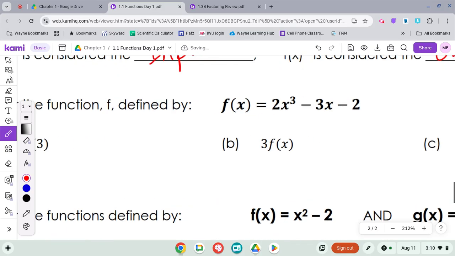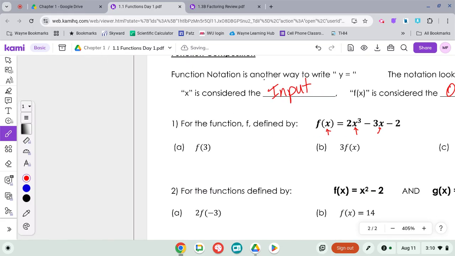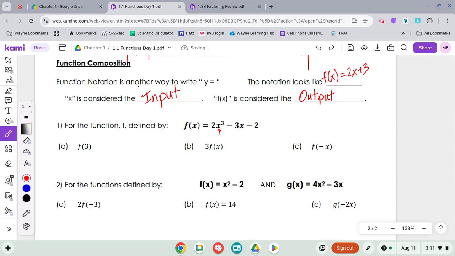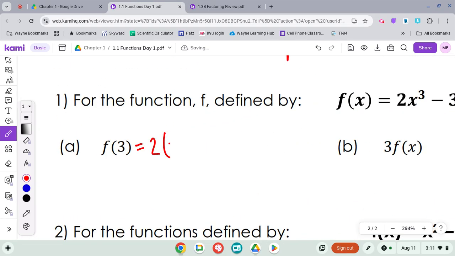That means everywhere there is an x, we're going to replace it with a 3, okay? So f of 3 is going to equal 2 times, instead of x, 3 cubed, minus 3 times 3, and then minus 2.